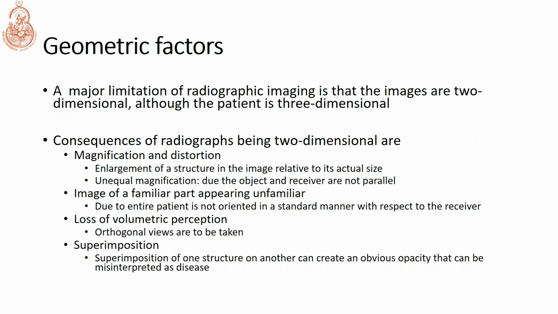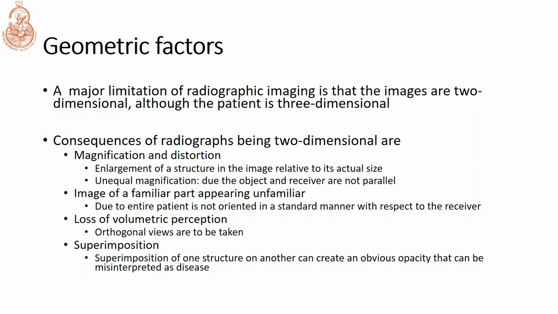So we are compromising somewhere by making the image compressed in one direction, from up to down or lateral to medial. We are going to miss a lot of details when we make a 3D structure into a 2D image.